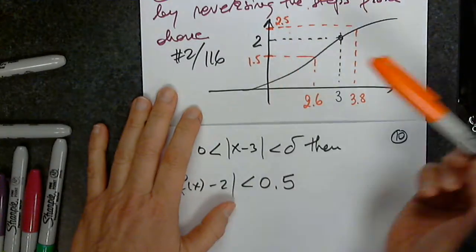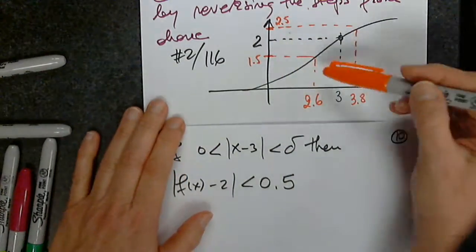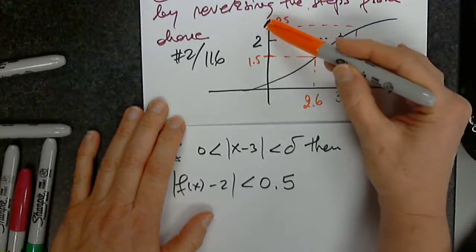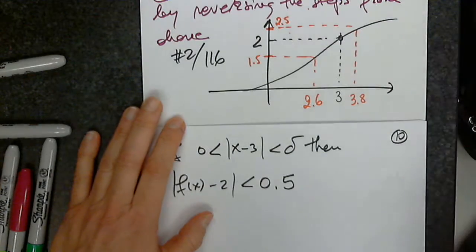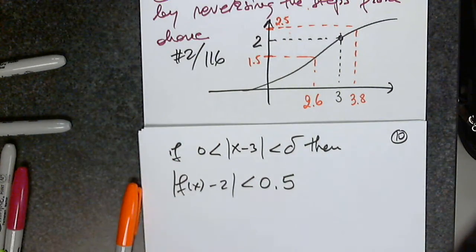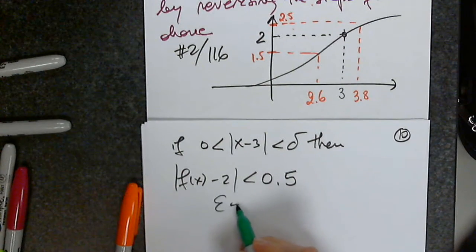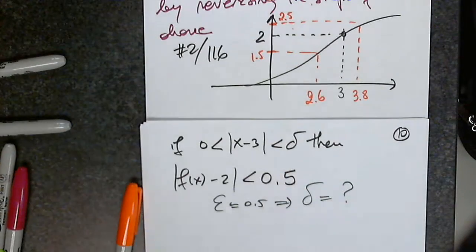And through the function, which we are not even given, we have 2.6 for f of 2.5, and 3.8. And now the question is, how do I determine the corresponding delta? They're asking us to find the corresponding delta for epsilon equals 0.5.